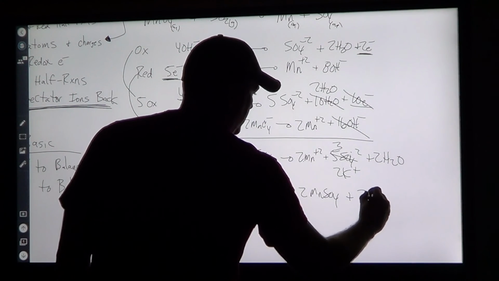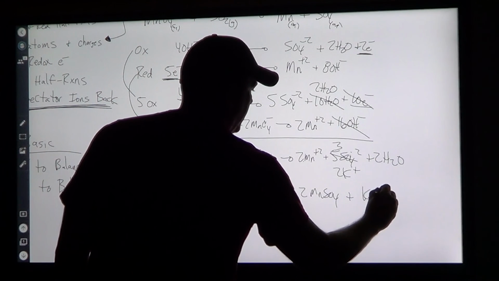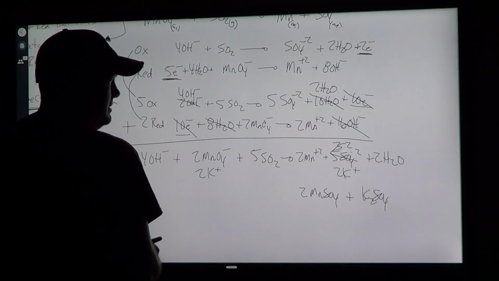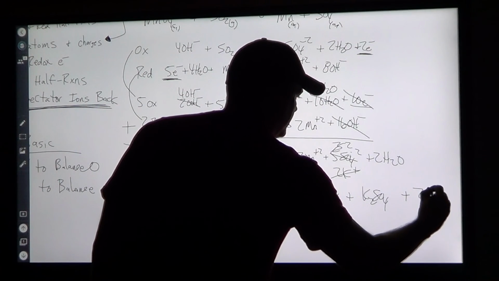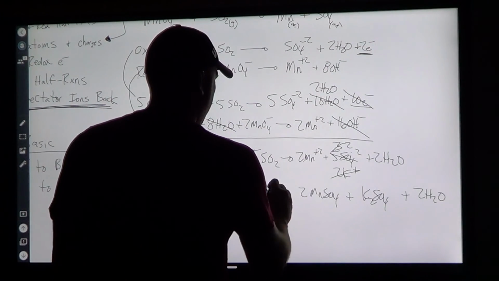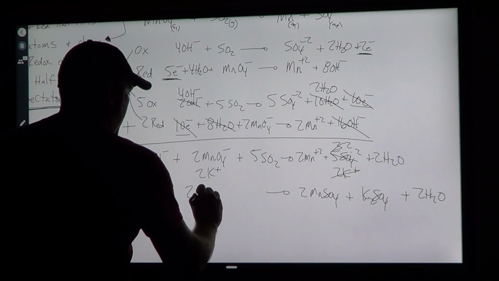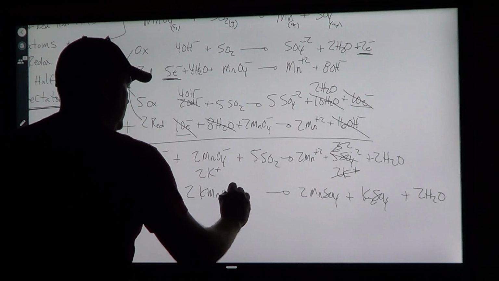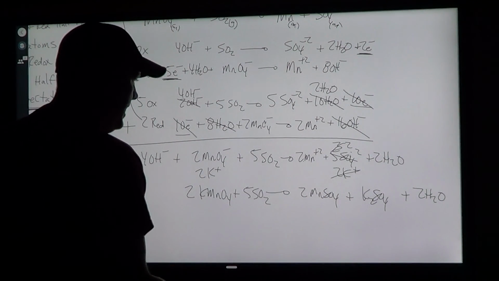So we have 2 K2SO4, which drops this to 2. Okay. Plus 2 H2Os. This side, we now have 2 KMnO4s, 5 SO2s, and here's the trick.